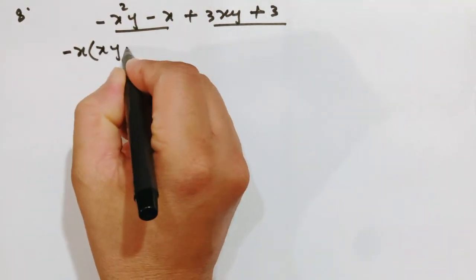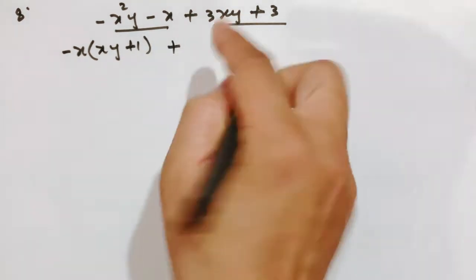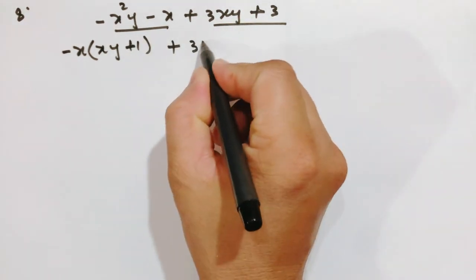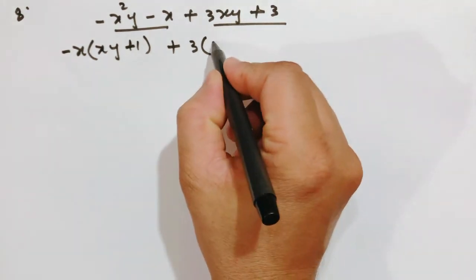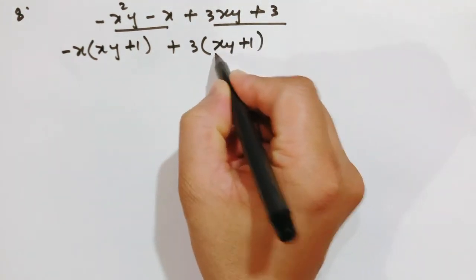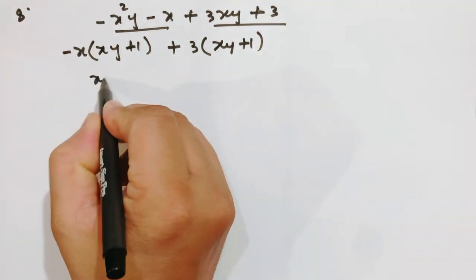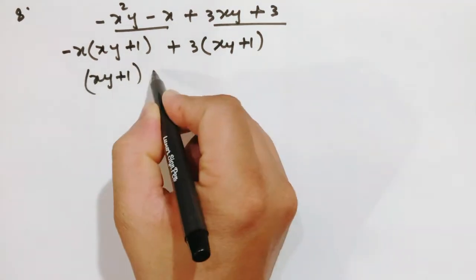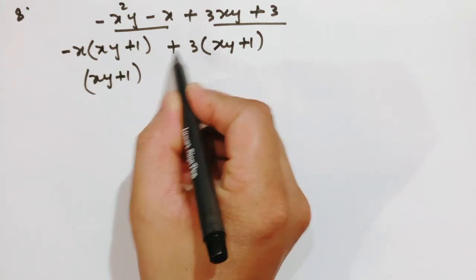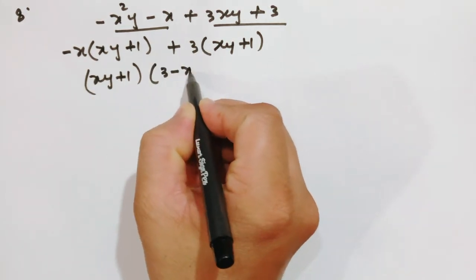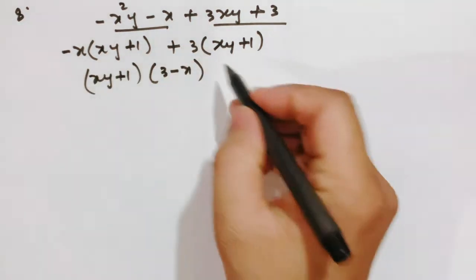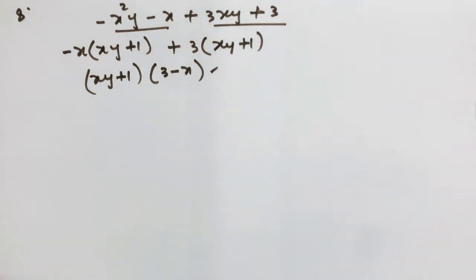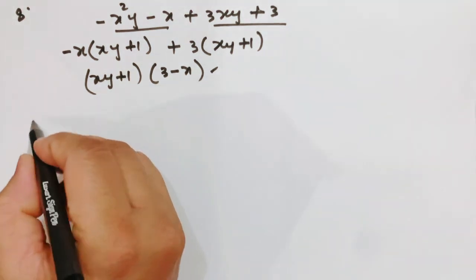So xy plus 1. Similarly over here, when you take 3 as the HCF in both of them, you will get xy plus 1. So xy plus 1 and instead of minus x plus 3 you can write 3 minus x, it is the same thing. It will look nice. Everyone wants that they should look good, so why not these sums.